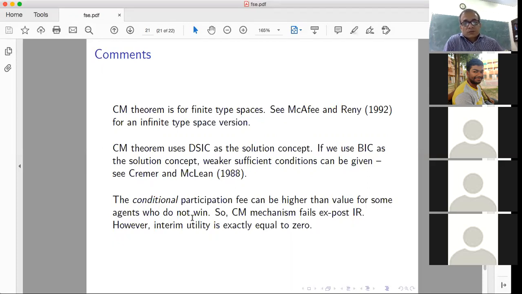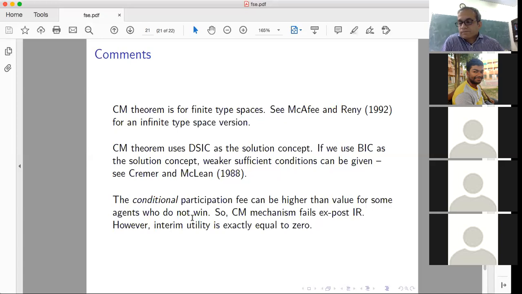So can we make some adjustment in this mechanism to make sure that along with interim IR, ex post IR is also satisfied? Here is an exercise: you can try to show that it's impossible to achieve full surplus extraction with ex post IR and BSIC.